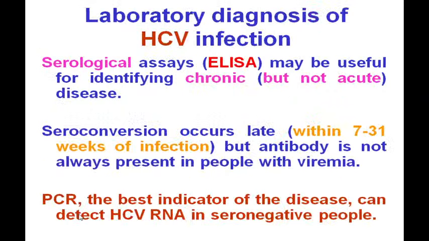How do we perform lab diagnosis of hepatitis C infection? Serological assays can be useful, usually in chronic but not acute disease.